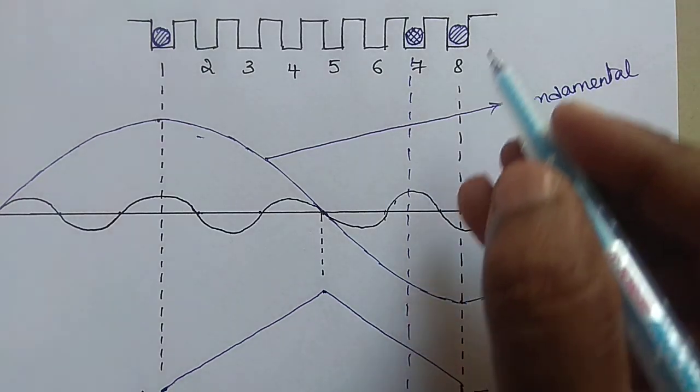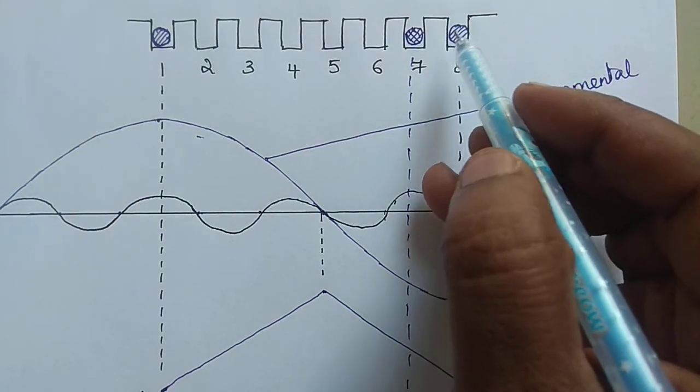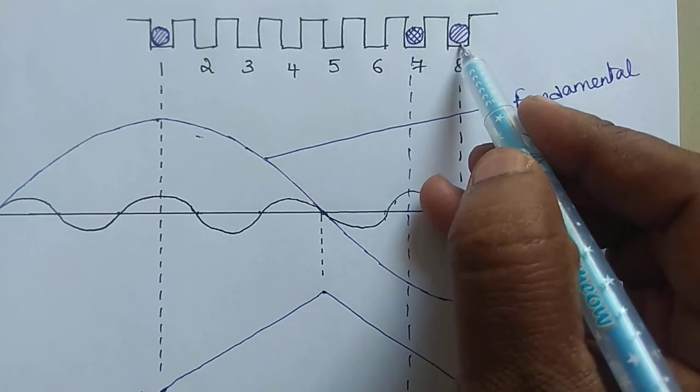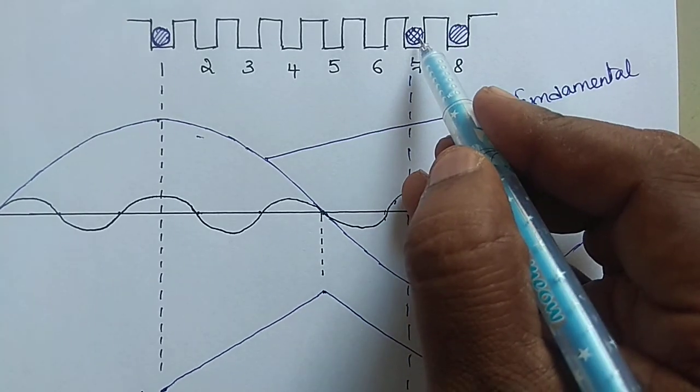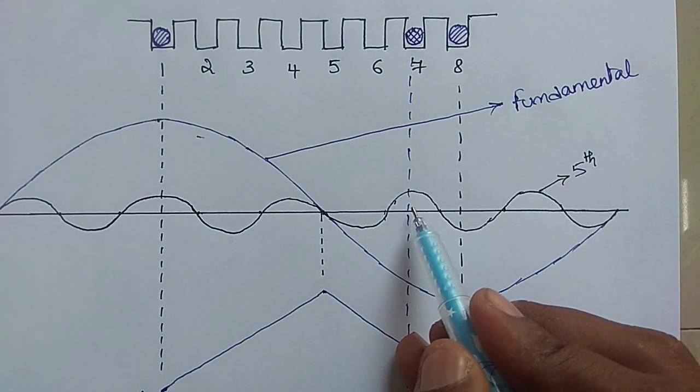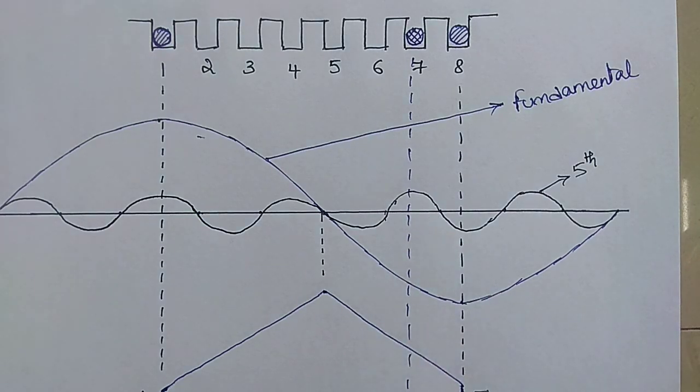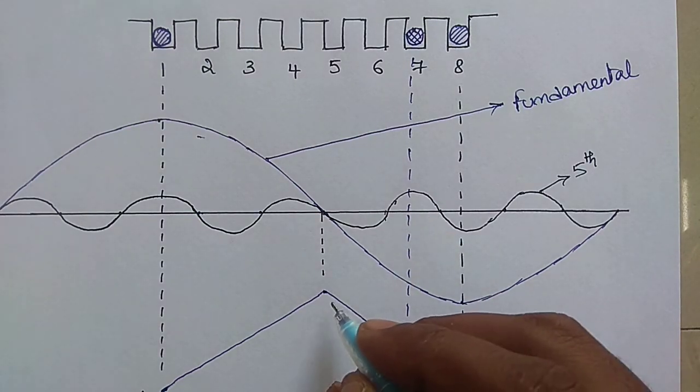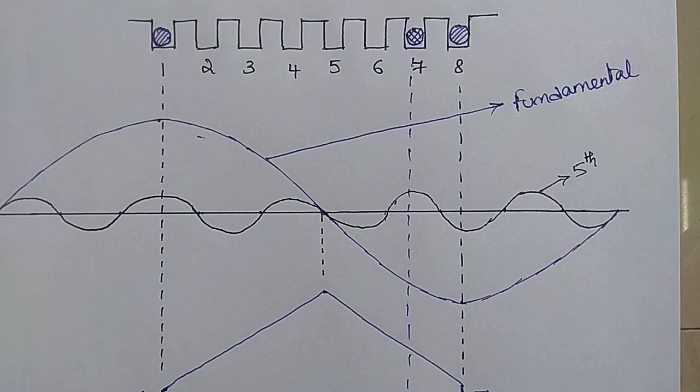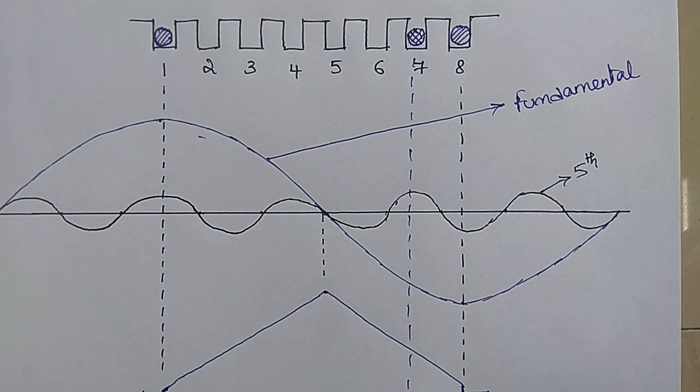So I will select the new position of the conductor as the 7th instead of the 8th. In such a manner, it will induce a positive cycle of the fifth order harmonic. So the new position of the conductor is here.